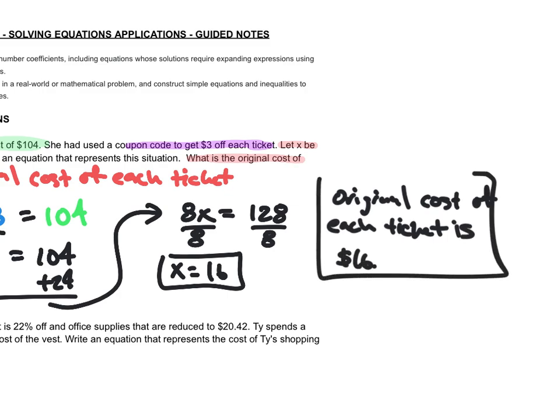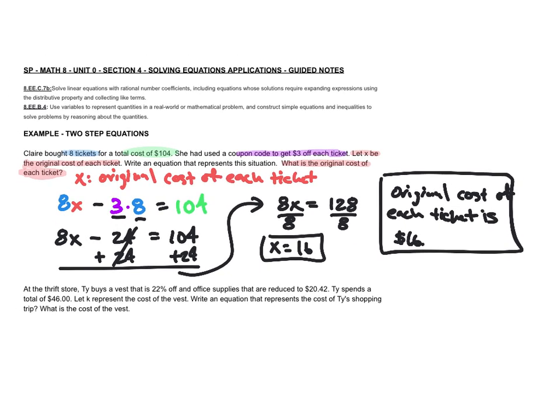And that is how we want to formulate our answer. Anytime we have a word problem, we want to answer that question with some sort of sentence. What is the original cost of that ticket?